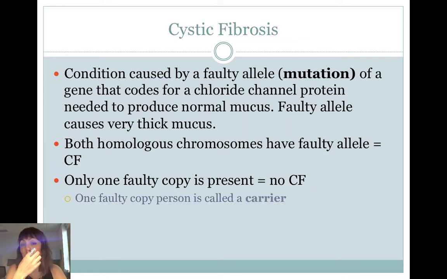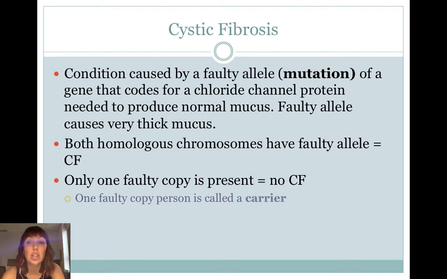So an example that I want to talk about is cystic fibrosis. This is a condition that is caused by a faulty allele, a mutation of a gene that codes for a chloride channel protein. We've talked about this before when we talked about cell surface membranes. It's a gene coding for chloride channel protein, which is needed to produce mucus in the lungs and in other places in your body.